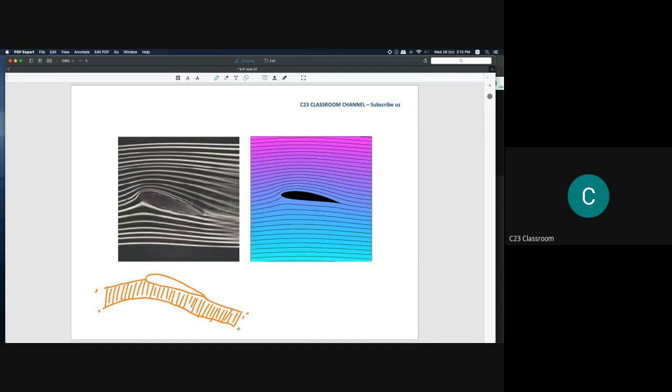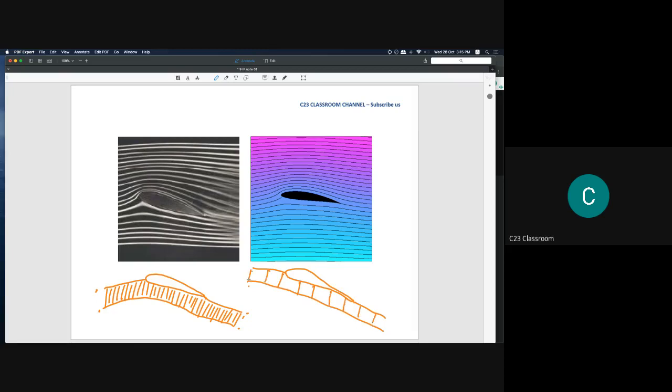So it is better for us to have something like this. For example, we have a streamline like this, and then we can divide it into small pieces.